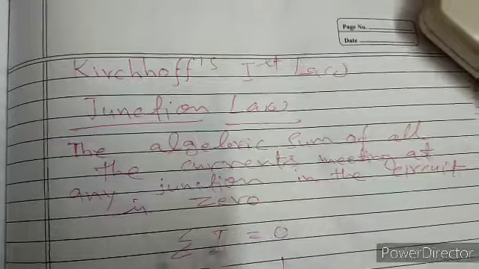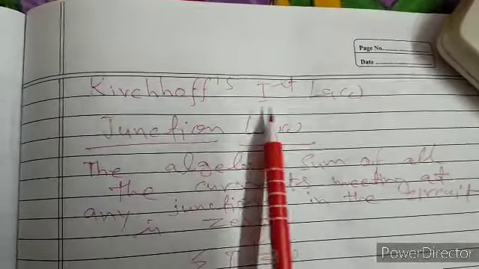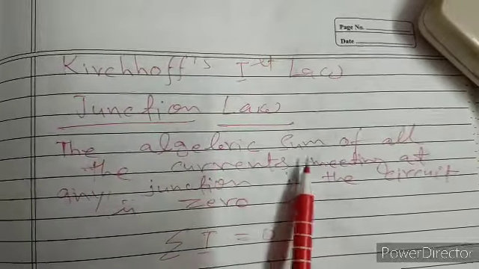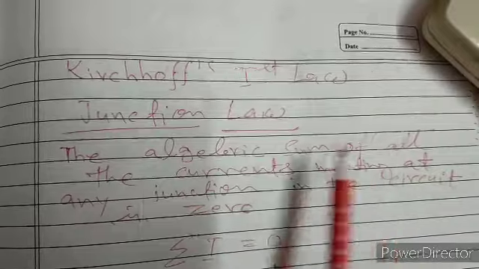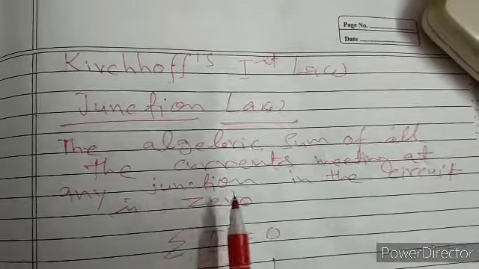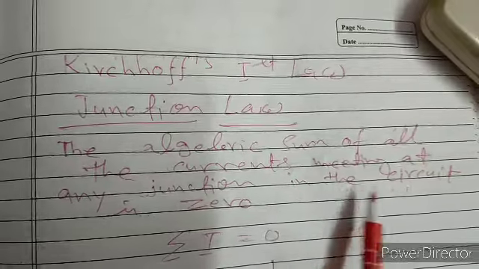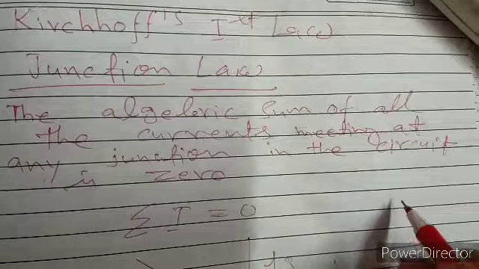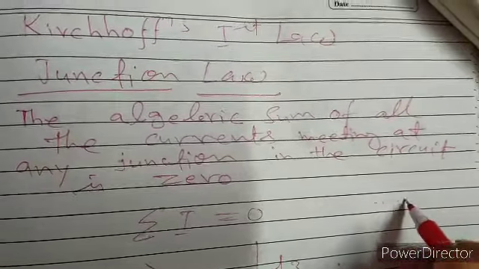Kirchhoff's first law is also known as junction law, which states that the algebraic sum of all the currents meeting at any junction in the circuit is zero. Suppose there is a circuit like this.